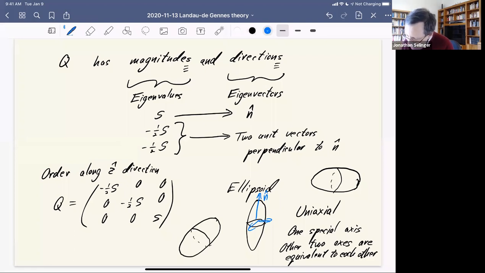But in any of these possibilities, N is the orientation along the axis. And N is equivalent to -N, right? We could equally well draw this vector or this vector. It doesn't matter which we pick. Either of those describes the same physical state of nematic order.